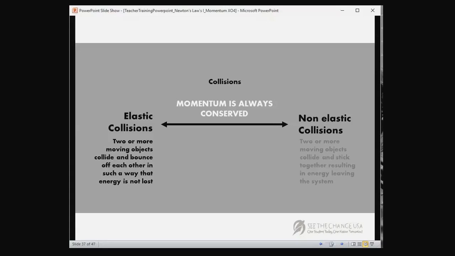But the beautiful thing is that no matter what type of collision, momentum is always conserved. So it should be the number one tool we go to when we look at collisions.